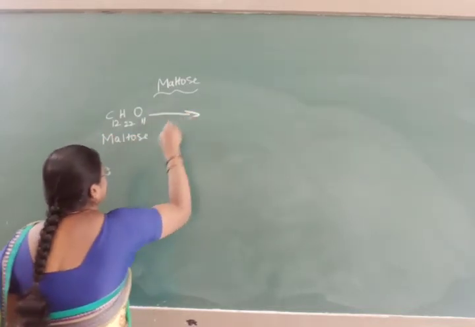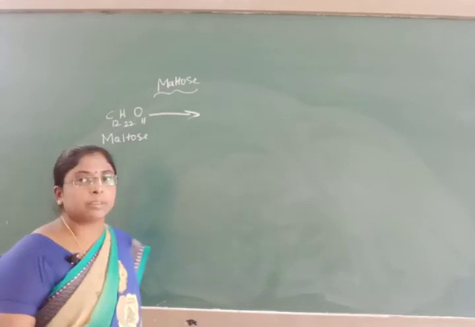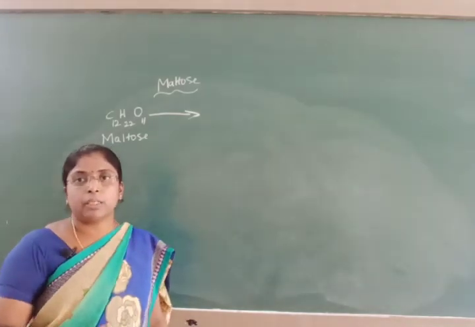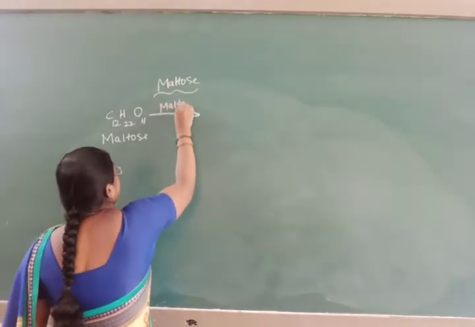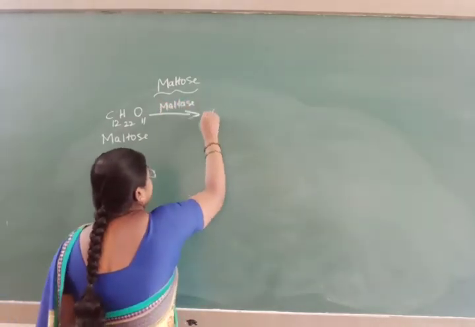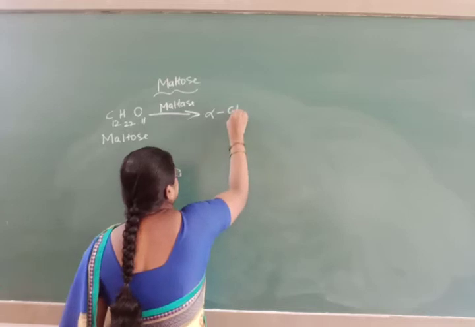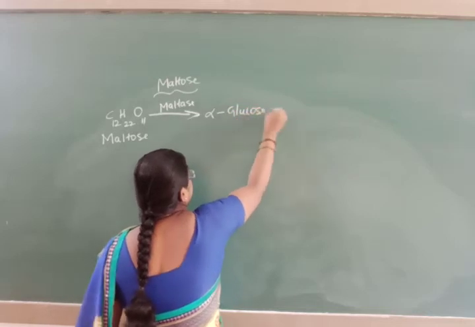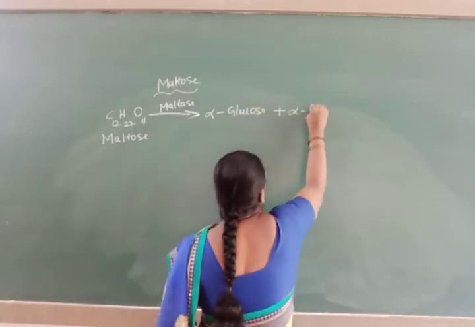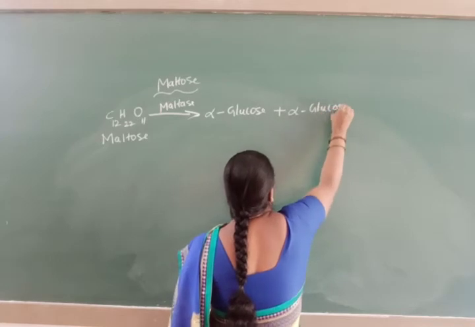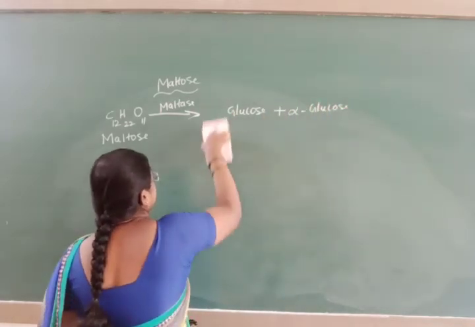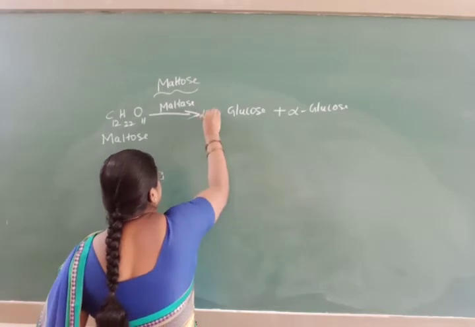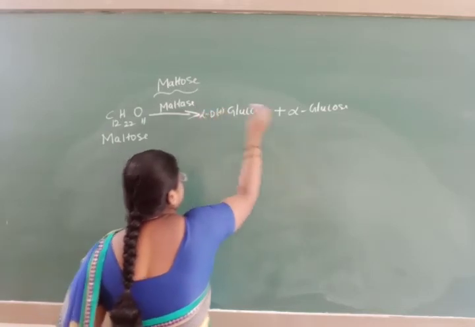Maltose on hydrolysis in the presence of the maltase enzyme forms 2 alpha glucose units. They are alpha D plus glucose units.